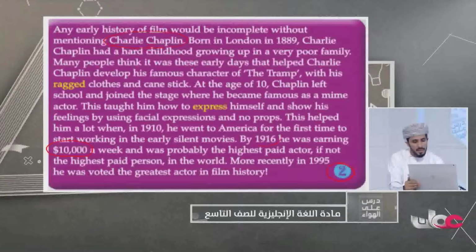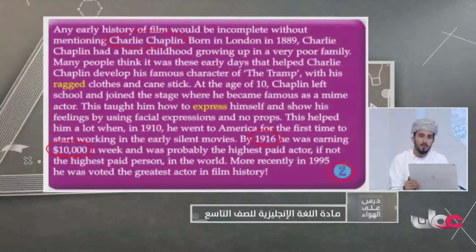By 1916, he was earning $10,000. But the question is, he didn't ask when did Charlie Chaplin earn $10,000. He asked how old was Charlie Chaplin when he earned $10,000.